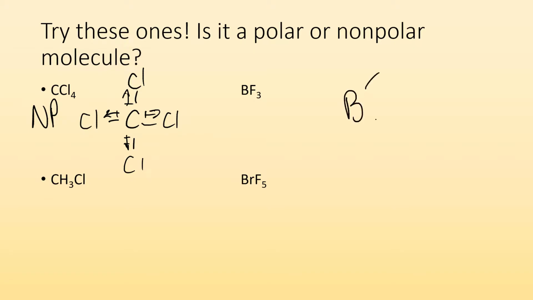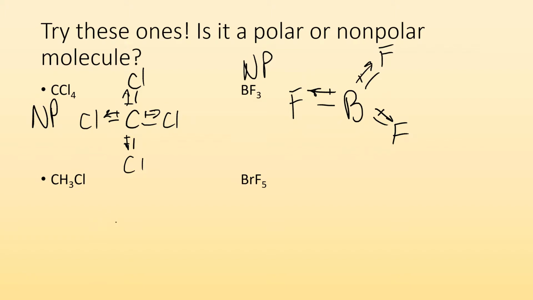BF3, same deal. This one, the Lewis structure actually represents what the molecule actually looks like because it's trigonal planar. And we go, all right, well, all of these bond dipoles are symmetrically placed around that boron, which means they're going to cancel each other out. So BF3 would also be nonpolar.